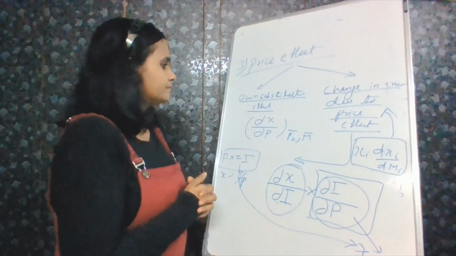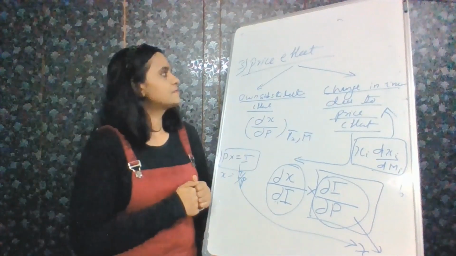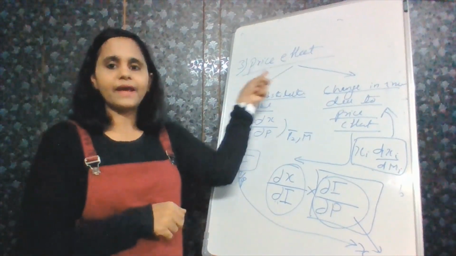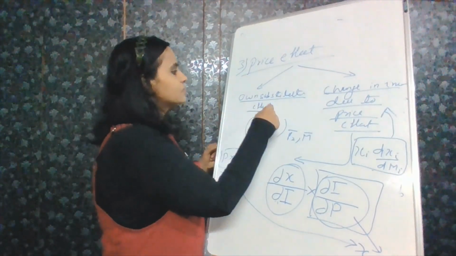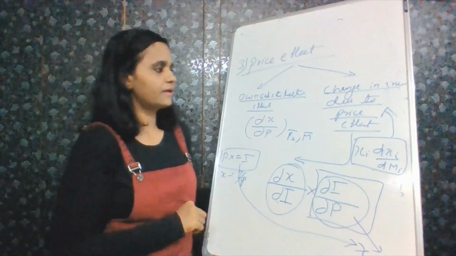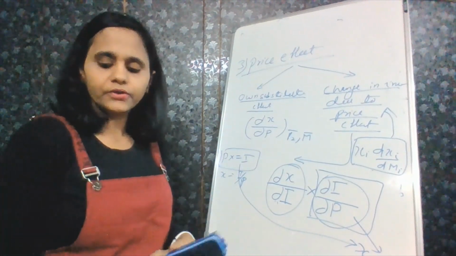So we have seen the price effect. Price effect is the addition of your own substitution effect and the change in income due to price effect.